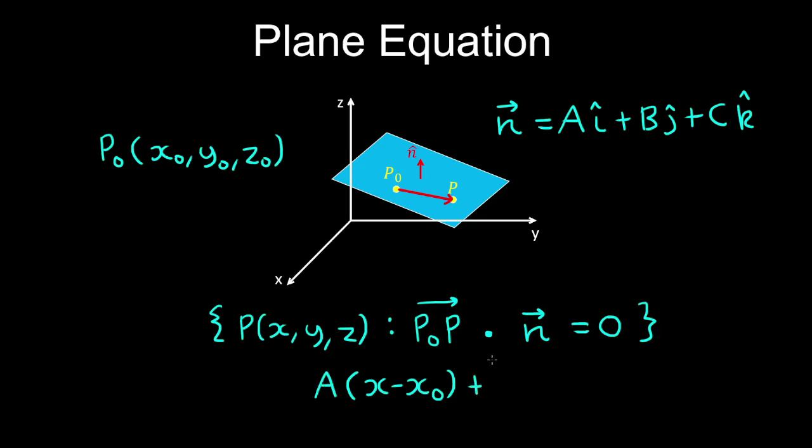And similarly, evaluating the rest of the dot product, we have B by y minus y0 plus a third component of the normal vector by z minus z0. And that's equal to 0 by the orthogonality condition.